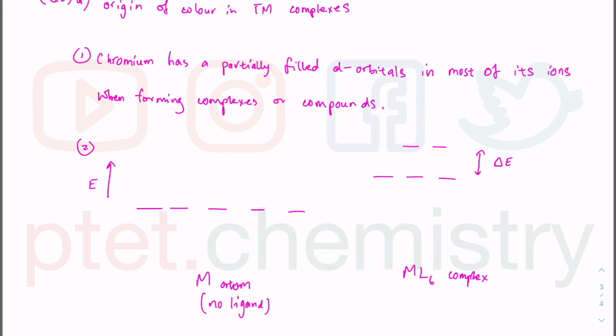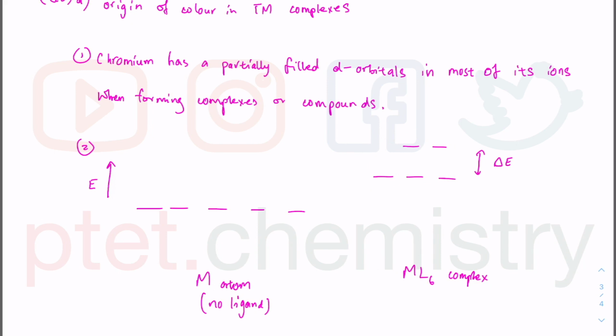In the context of the chromium atom, it's got partially filled d orbitals. When they form complexes in most of the ions, it will have partially filled d orbitals as well. Both of them are raised in energy because of the repulsion that the ligands bring, as they give electrons in covalent bonds to the metal atom that has electrons in the d orbitals. So the repulsion causes the energy levels to go up in energy by a certain amount.